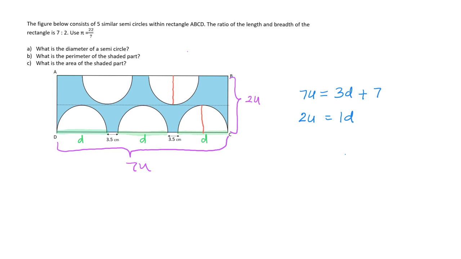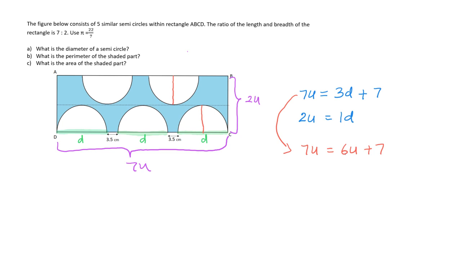So if we take a look at this equation here, we can write 3 diameters in terms of units. If 1 diameter is 2 units, 3 diameters will be 6 units. So now I'm just going to rewrite this equation as 7 units equals 6 units plus 7.